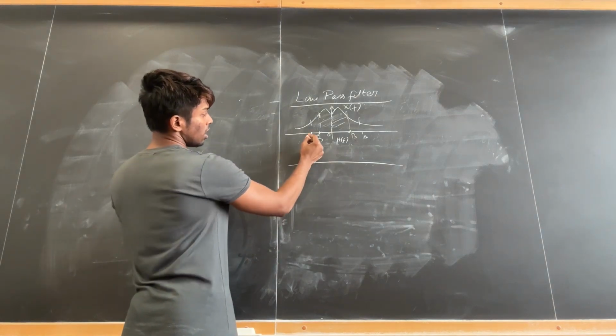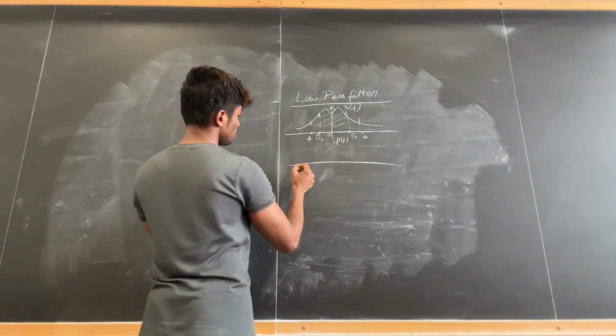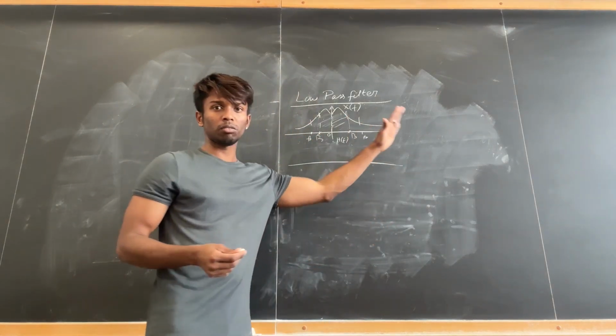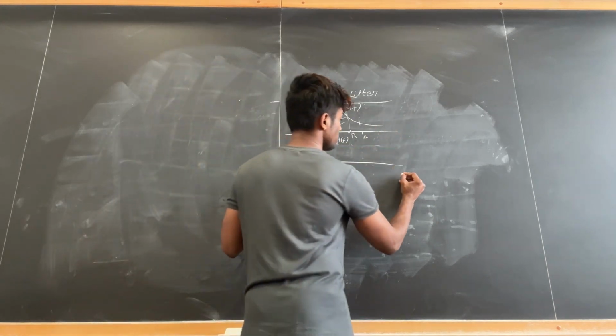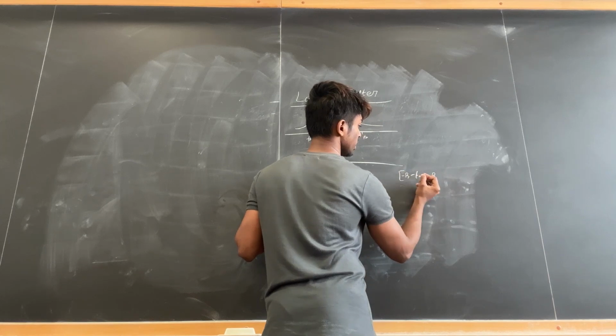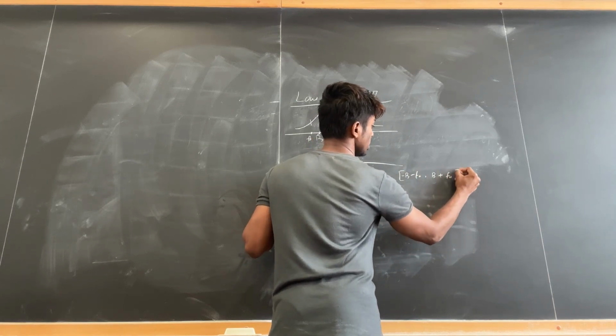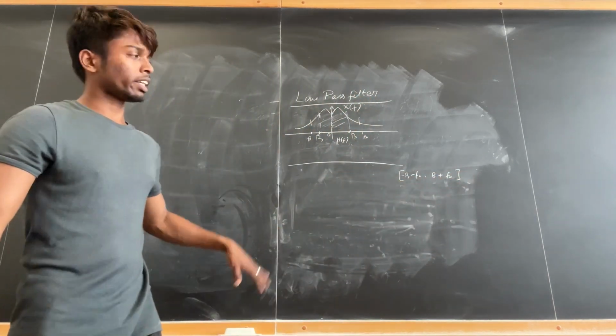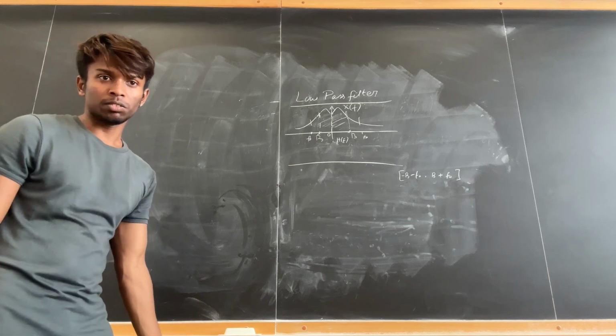So it shall be from B plus f0 to B minus f0. The total bandwidth was 2B. So a band of frequencies from B minus f0 until minus B minus f0 to B plus f0 is passed, and this should be the case of a band pass filter.